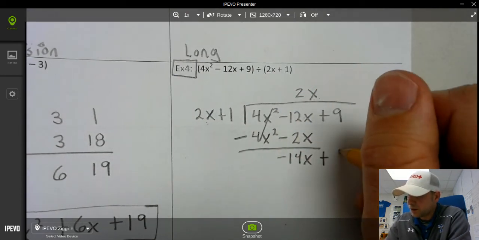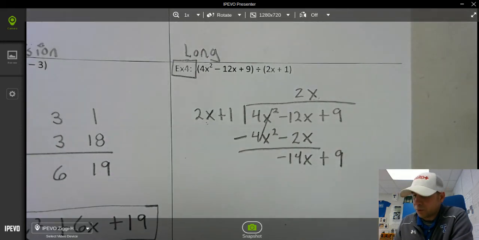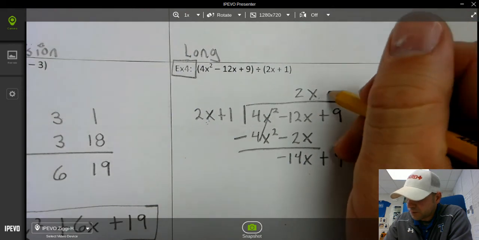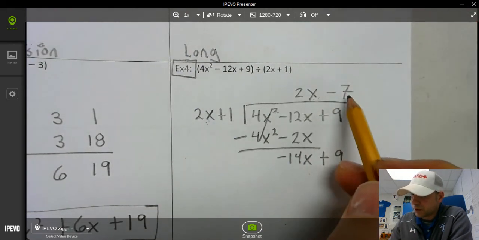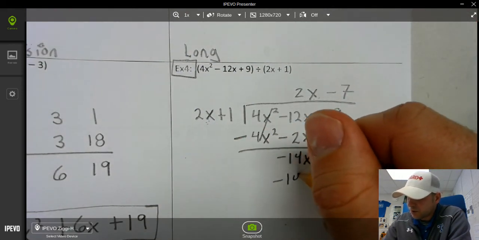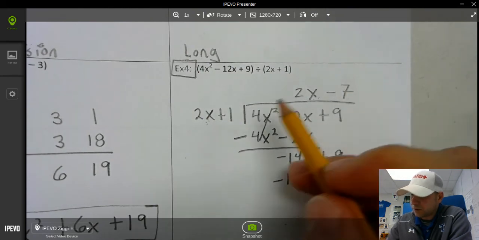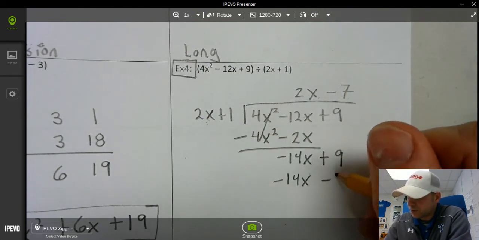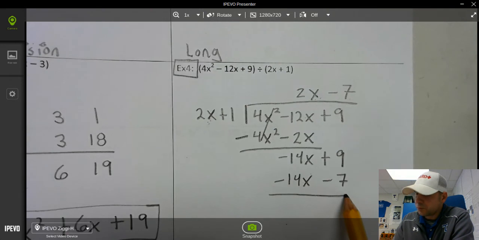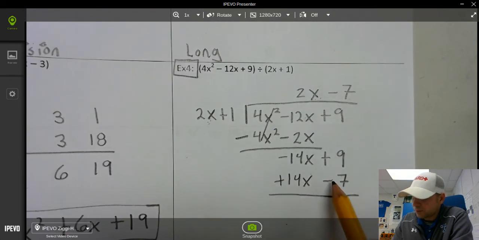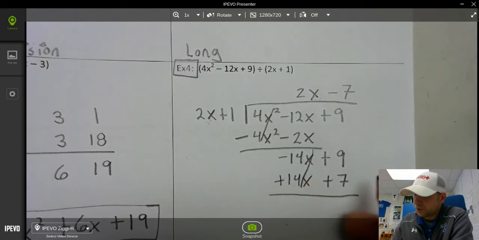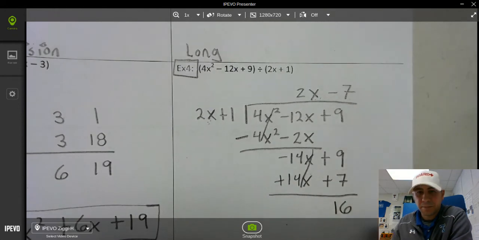Bring down the 9. Now you need to ask yourself, what do you multiply 2x by to give you negative 14? Well, that's negative 7. So then you multiply negative 7 times 2x is negative 14x. Negative 7 times 1 is negative 7. You subtract, but when you subtract negatives, it changes the sign, so it becomes positive. That cancels, you get 16.